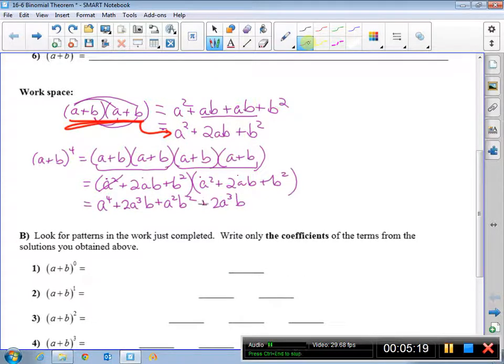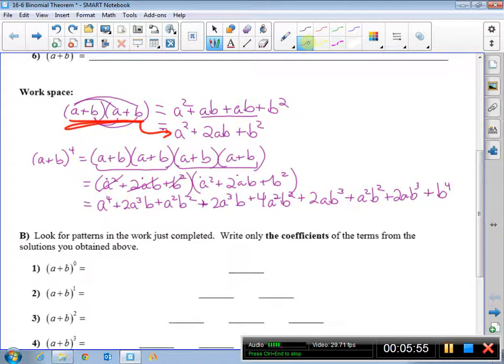Sure that looks like a plus. 2ab times the second one gives me 4a squared b squared. Try and get a step ahead of me. 2ab times b squared. And 2ab is done. And the last three, b squared times a squared. And b squared times 2ab. And b squared times b squared is b to the fourth.